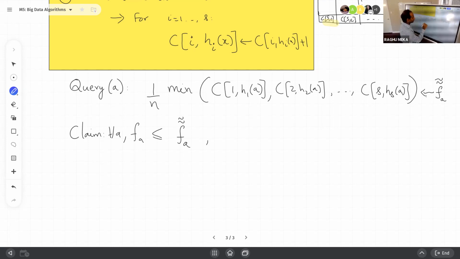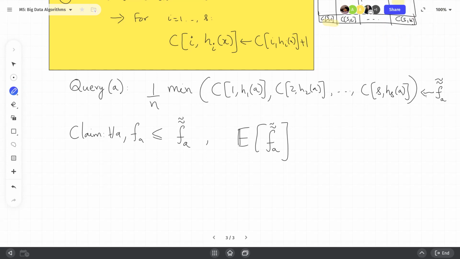And what can you tell me about the expectation of this new estimator? Is it close to the old one or no? What do you think? It's less than or equal to the old one? Yes, because you're taking a minimum of a bunch of random variables.